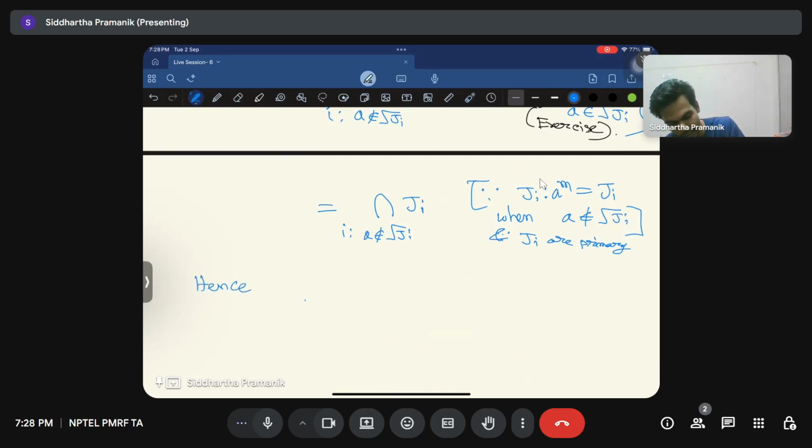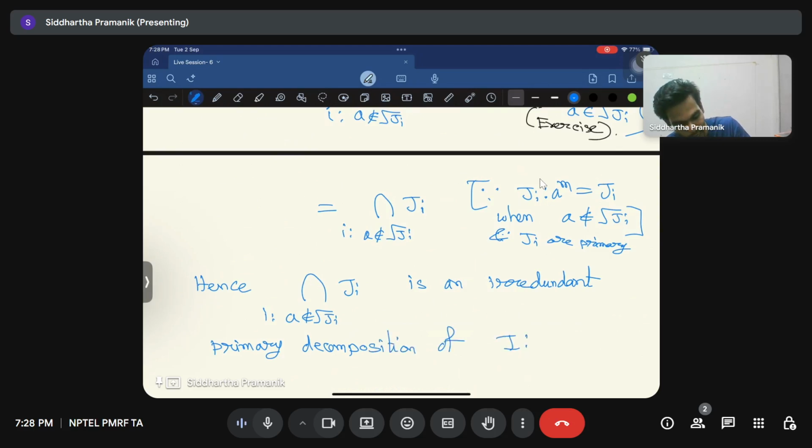Hence the intersection of Ji where i runs over those with a not in the radical of Ji is an irredundant primary decomposition of the saturation of I with respect to a.